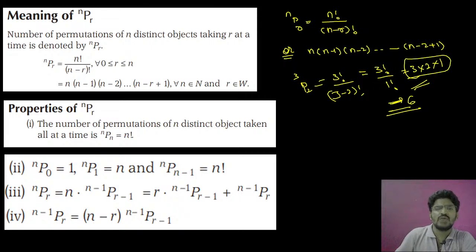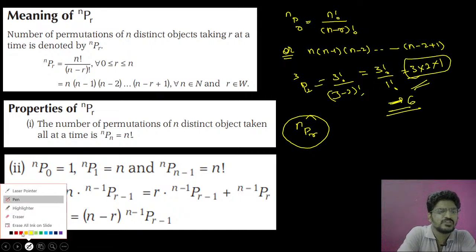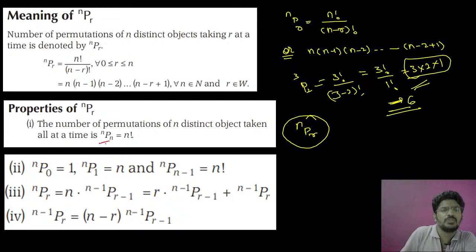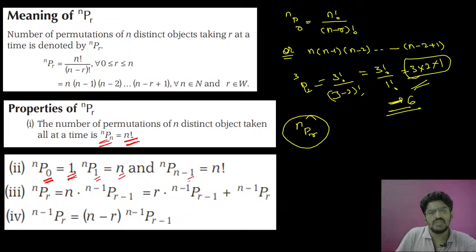In the same way you can go for the properties of nPr. The first property you can see here: nPn is equal to n factorial. nP0 is nothing but 1. nP1 is nothing but n. nP(n minus 1) is nothing but n factorial.